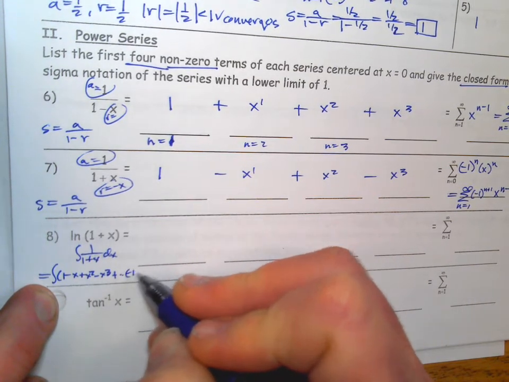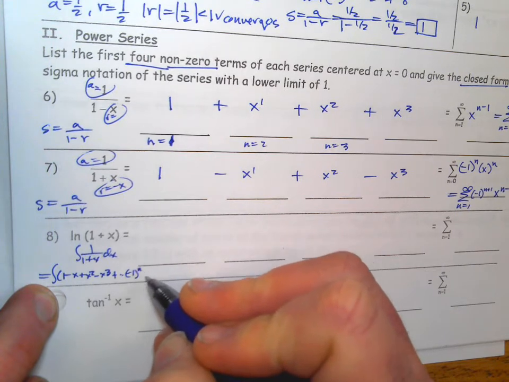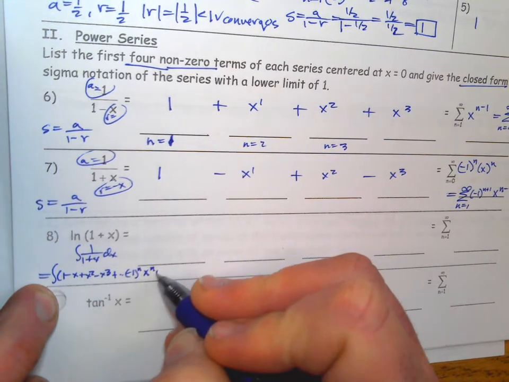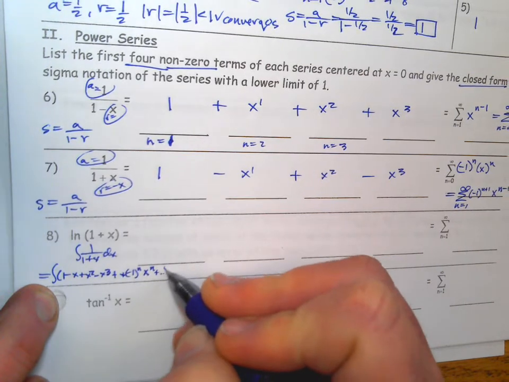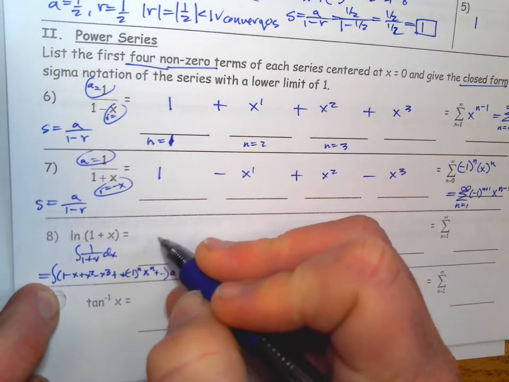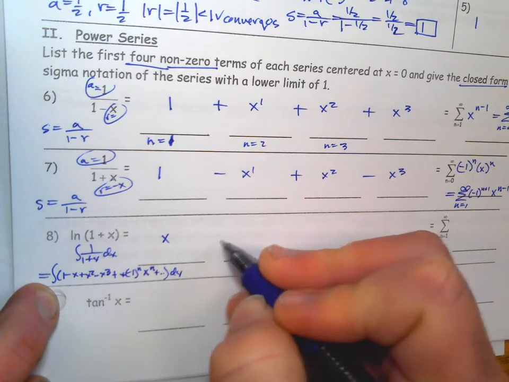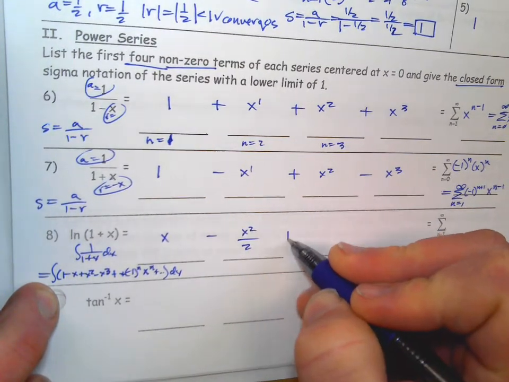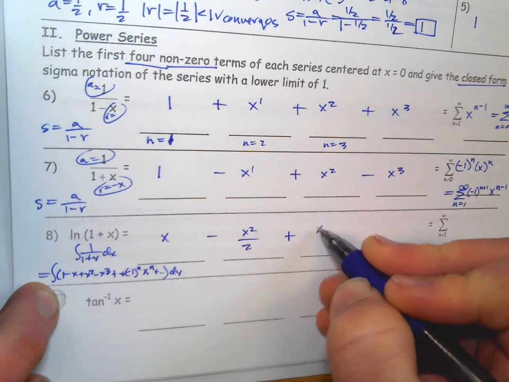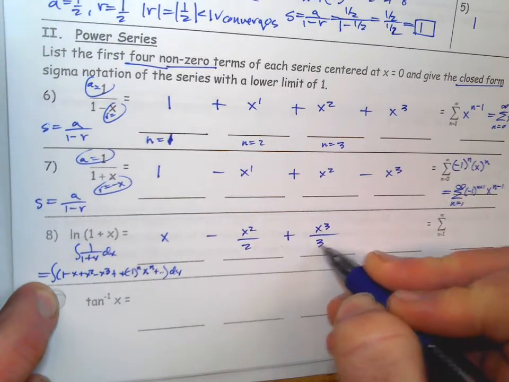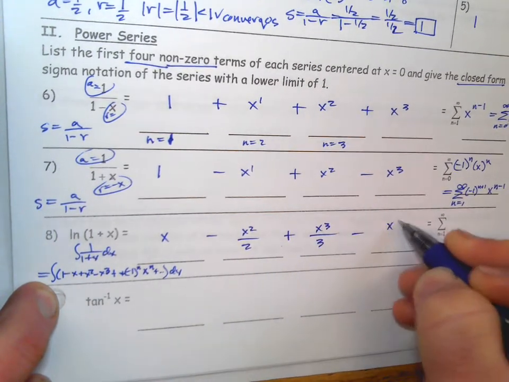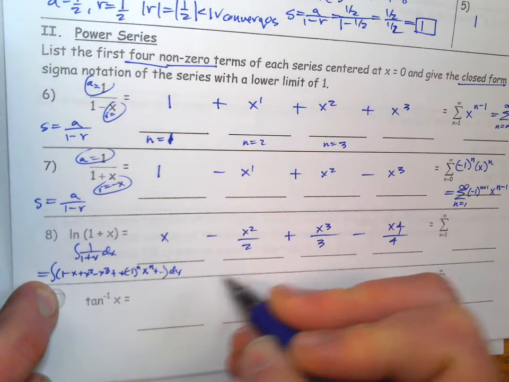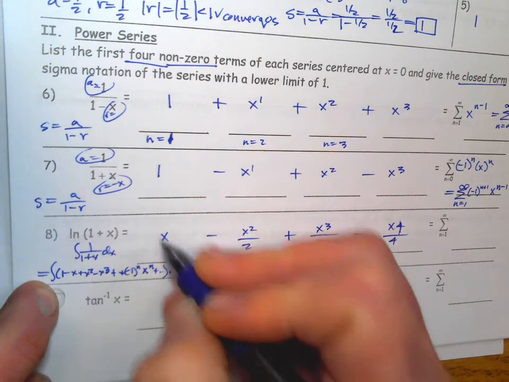It has a negative 1 to the n, x to the n. So if we integrate that, we get x minus x squared over 2 plus x cubed over 3 minus x to the 4th over 4. Or you could just recreate that.